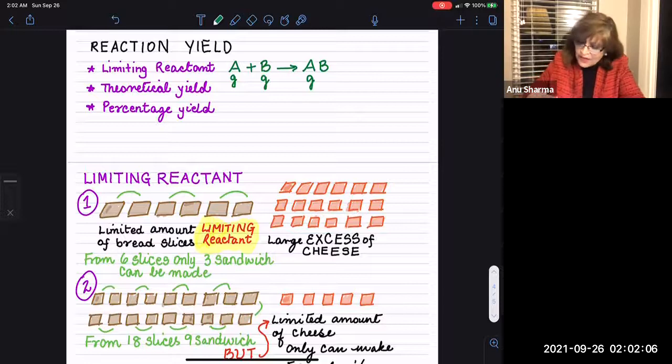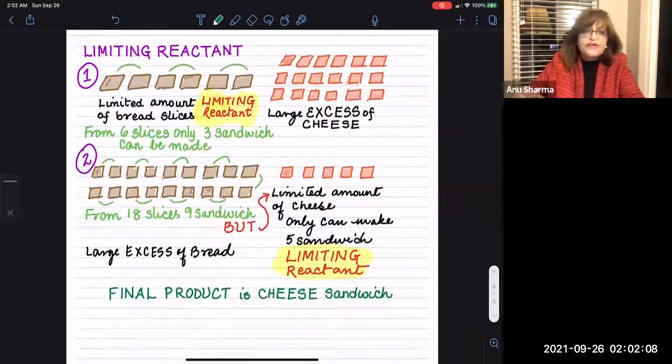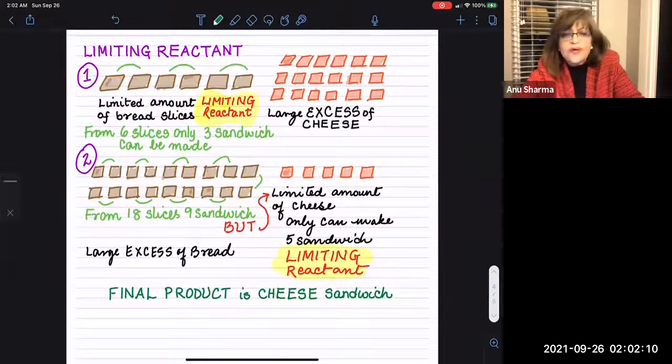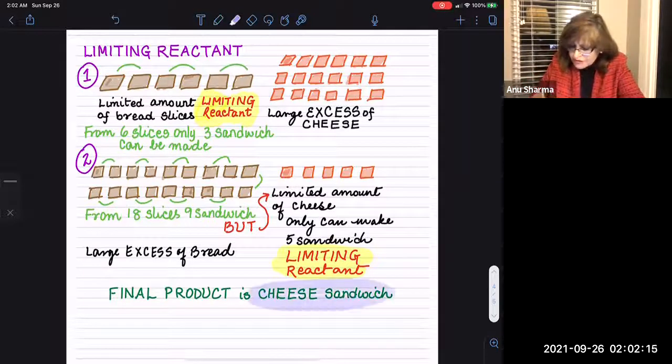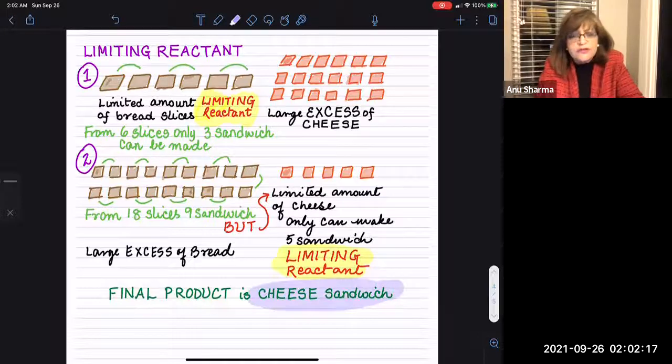A real life example of this is here. Here is a situation where we want cheese sandwiches. Cheese sandwiches would mean 2 slices of bread and then the cheese in between. In case 1, there are 6 slices of bread, and there's a large excess of cheese.